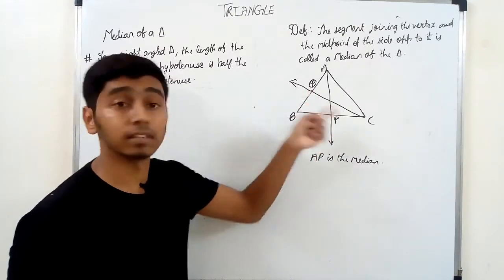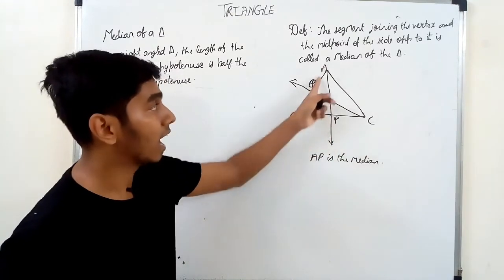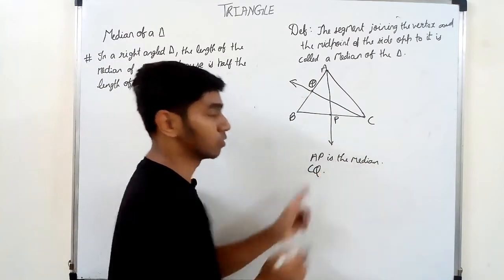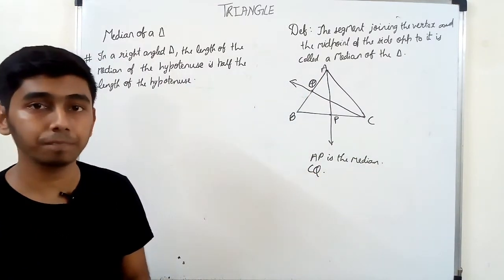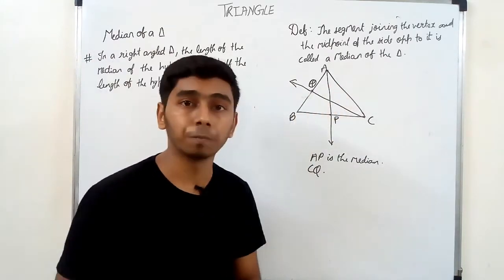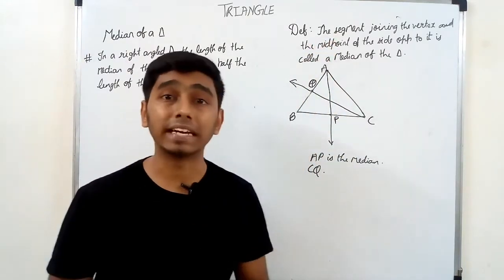So there are two medians in this triangle, AP and CQ. So CQ is also a median. There can be three medians possible from here also.